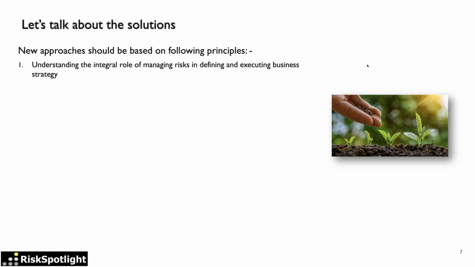Or if an organization says we want to get 30% of our revenue from outside Europe in the next 3 years, you want to look at what risks we will need to take and what risks we will need to manage in order to achieve those strategic objectives.